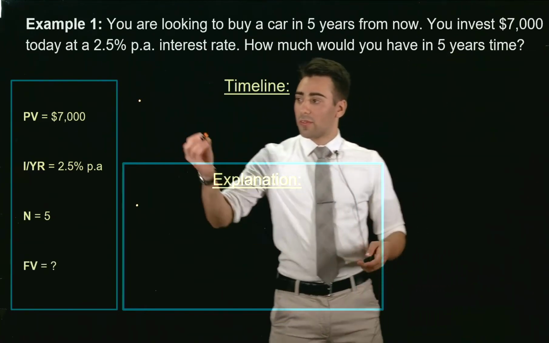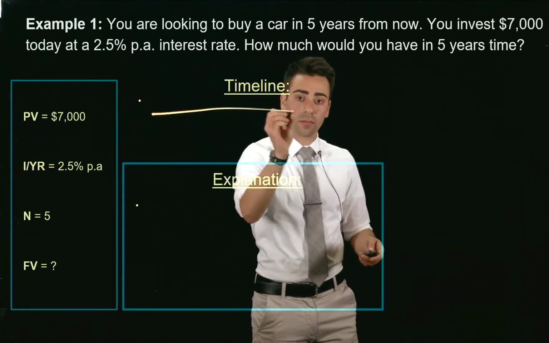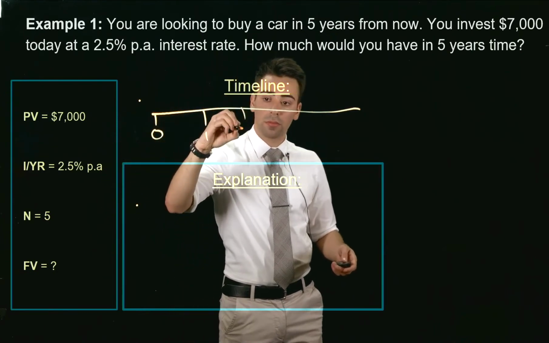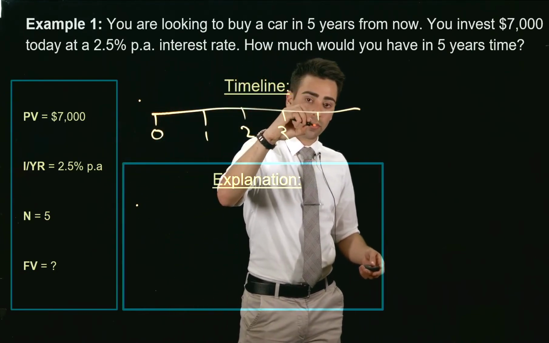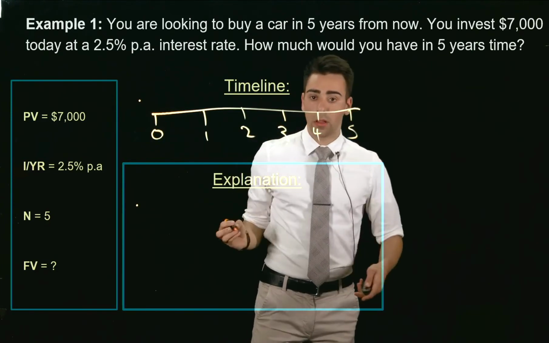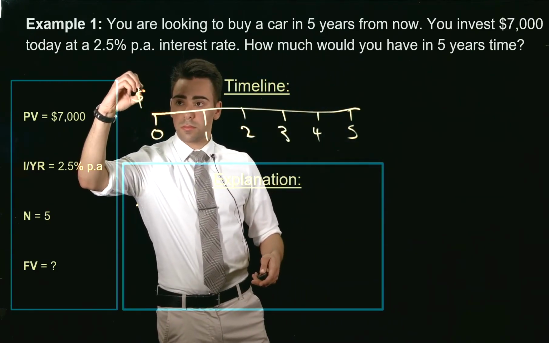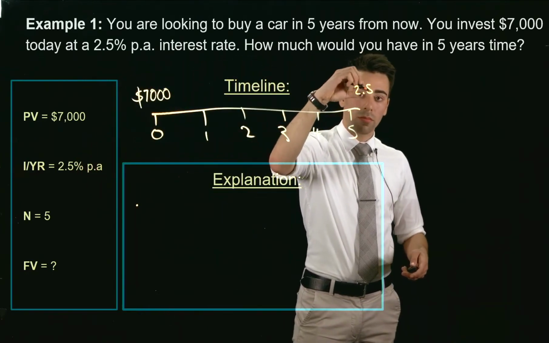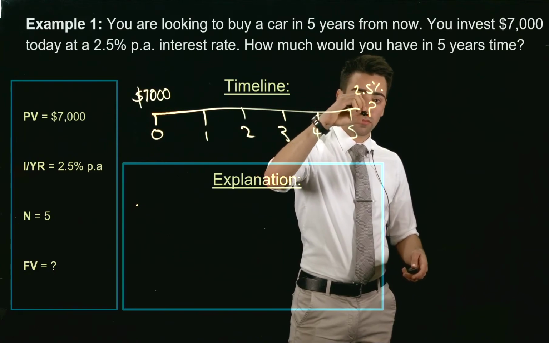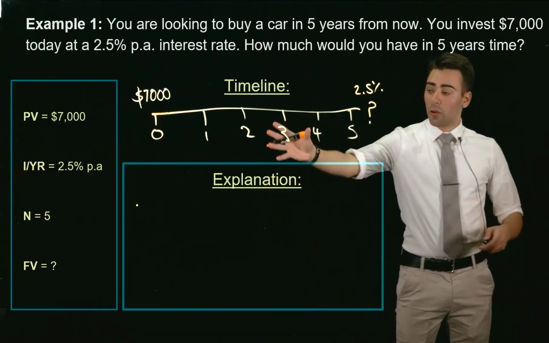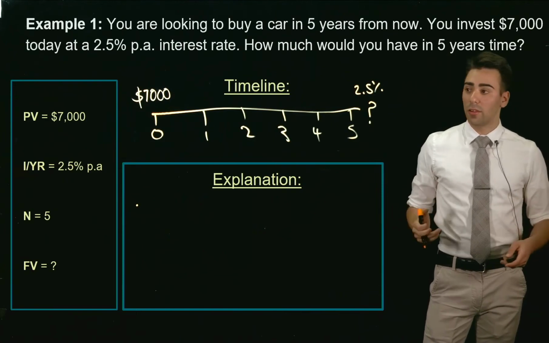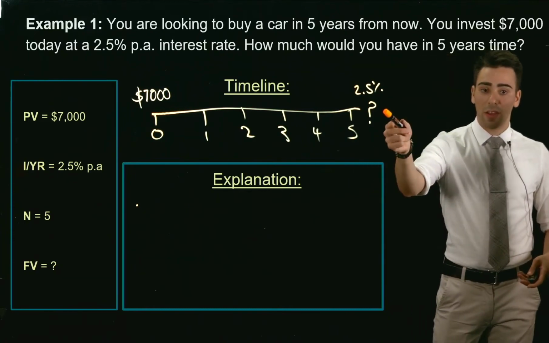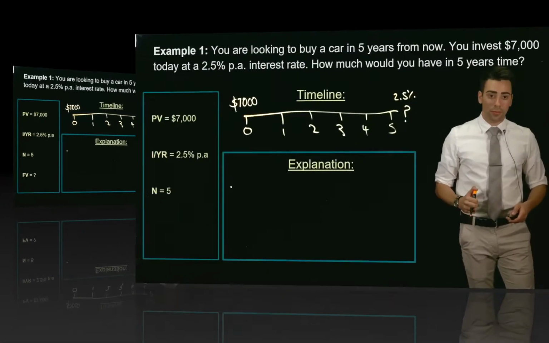So first of all, let's represent this on a timeline where we have 0, 1, so all we've done here, we've just populated our timeline with our present value, our interest rate, the number of periods, and here we're going to work out what the future value is.